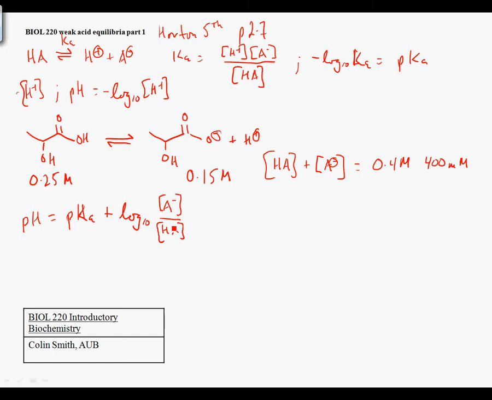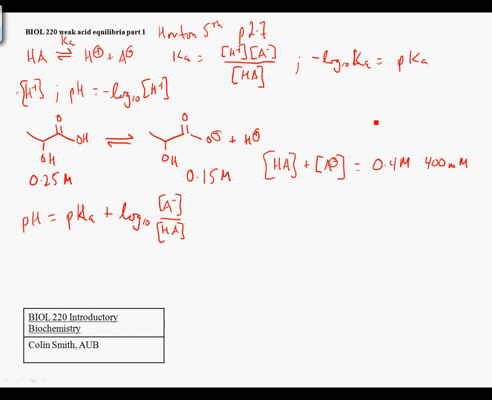So conjugate base and acid is what I would say. Well, that's fine. So in order to determine this, we're interested in that. We know the pKa. We were told in the question that the pKa of lactic acid is 3.9. So that's up here.